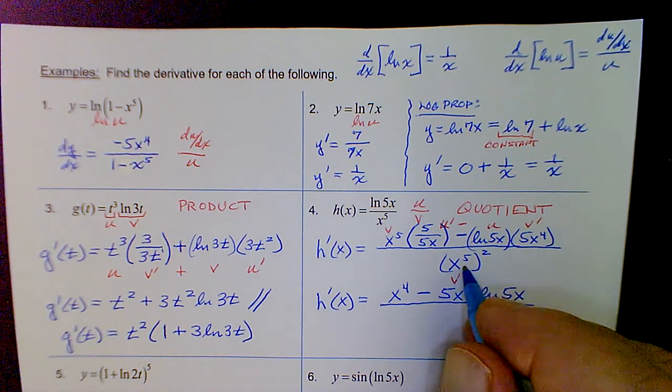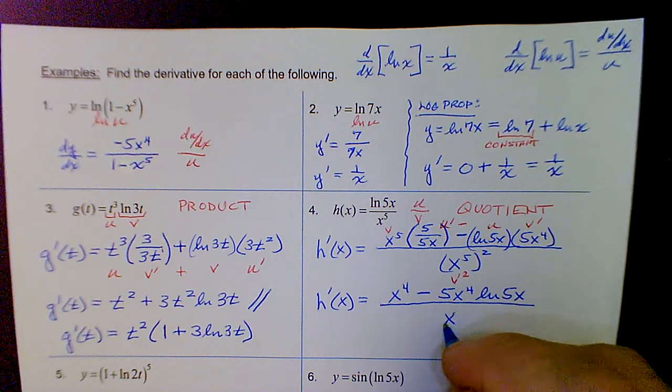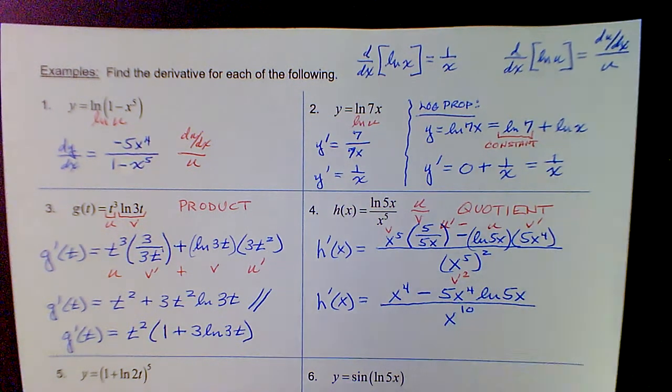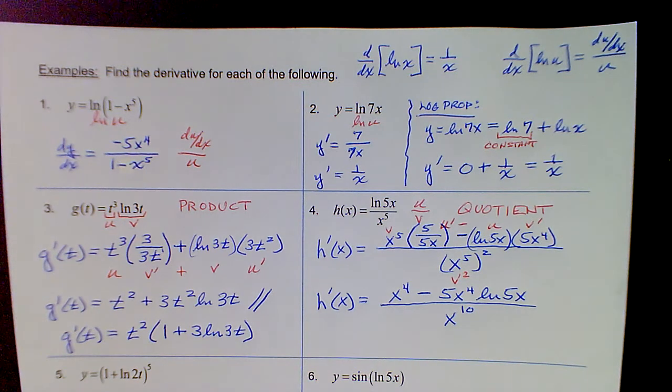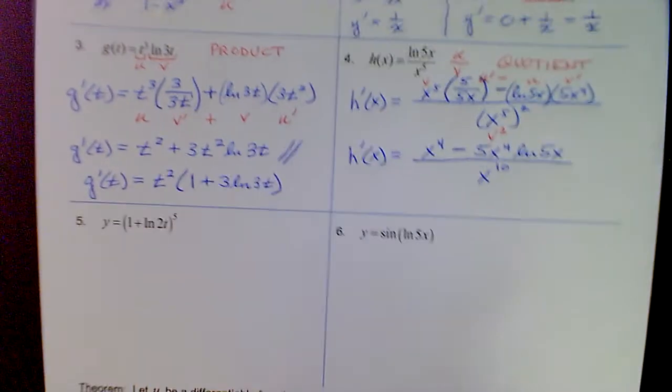Make sure you square this x to the 5th. If you leave it as that, it's going to take off credit. You should know power to a power, of course, we multiply the exponents, so x to the 10th. You can go further with factorizations, but I'm not going to bother, that's sufficient.